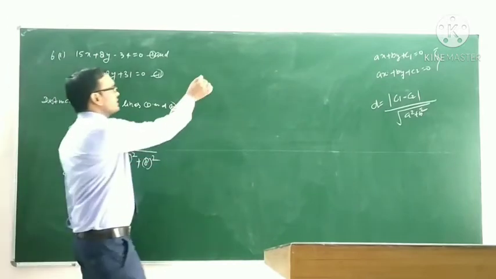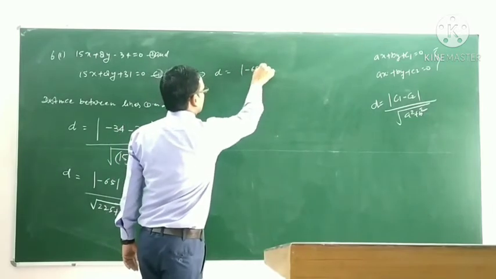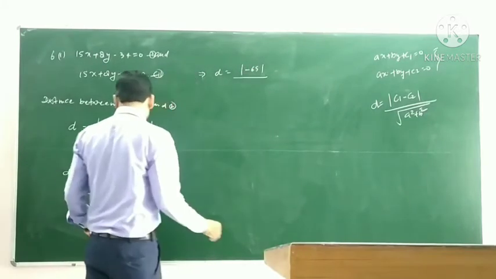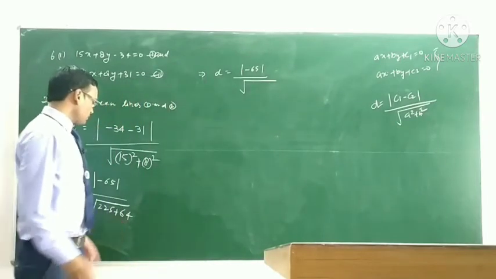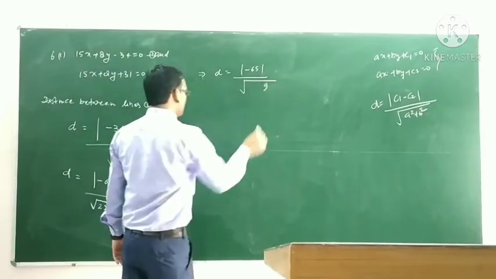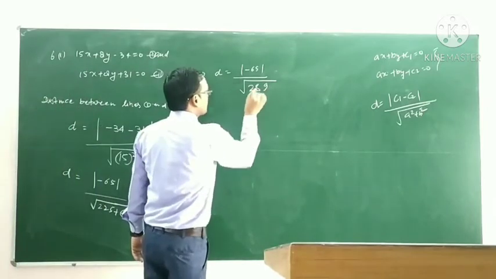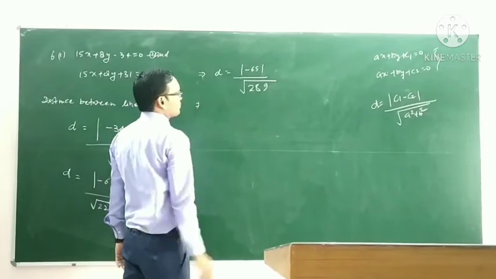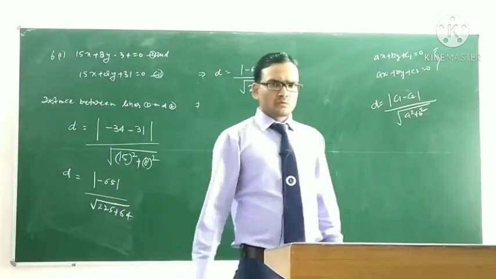Okay students, this implies that d equal to mod of minus 65 upon square root of 289. The square root of 289 is 17.